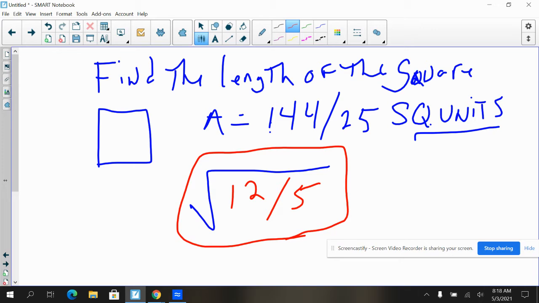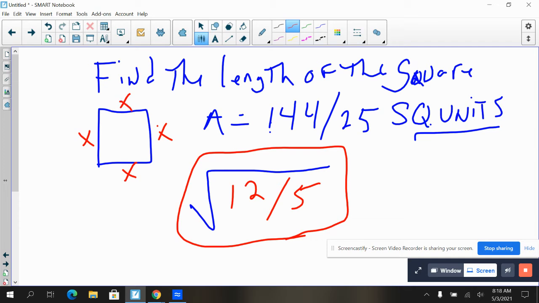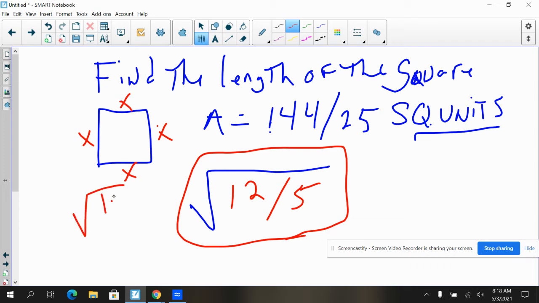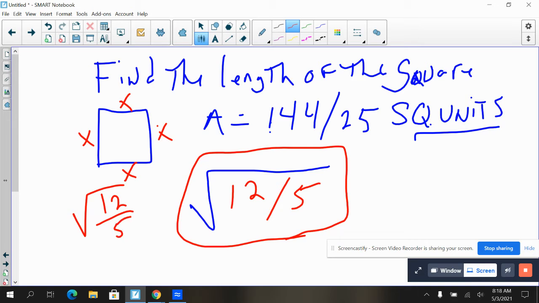Whatever you do, if you come up with decimals, you're doing it wrong. No decimals are allowed. Okay. So each side of this square right here is the square root of 12 over 5. That's the length of each side. That's all the farther that we need to go right now. That's this side, that's this side, and that's that side.